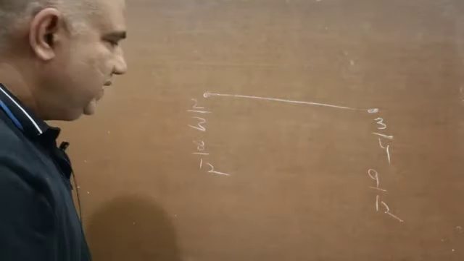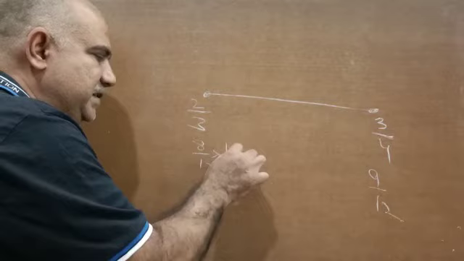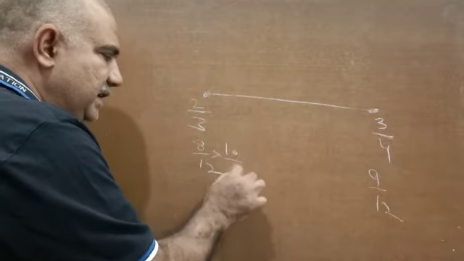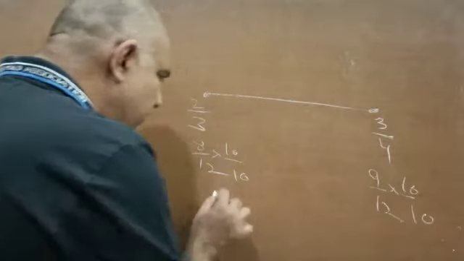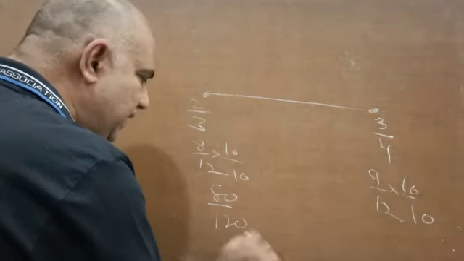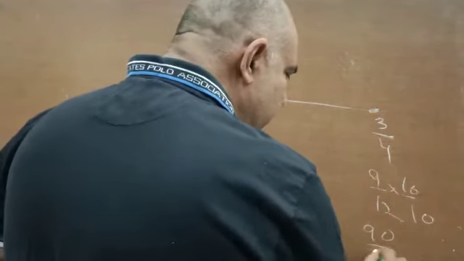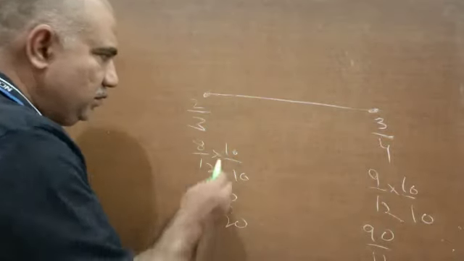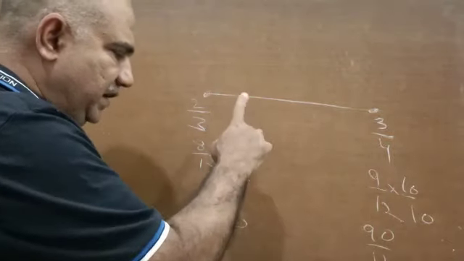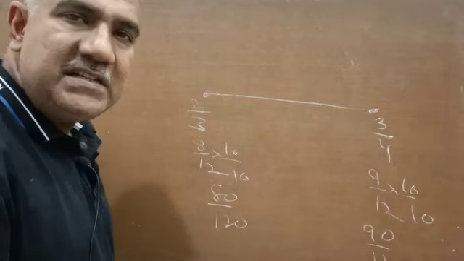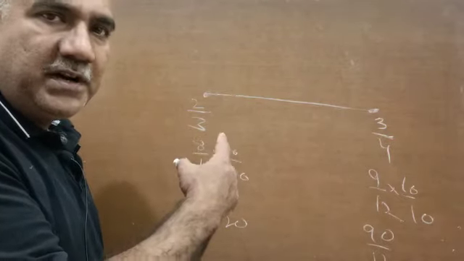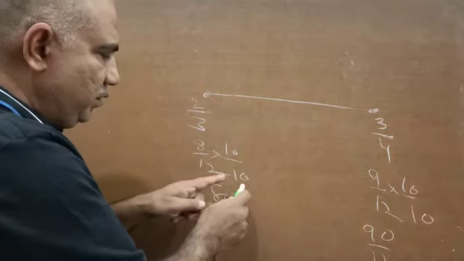Let me multiply this by 10 and this also by 10, so it becomes 80 by 120 and this becomes 90 by 120. Now I said we want to accommodate 9, and 90 minus 80 is 10, so we will be able to accommodate 9 numbers.